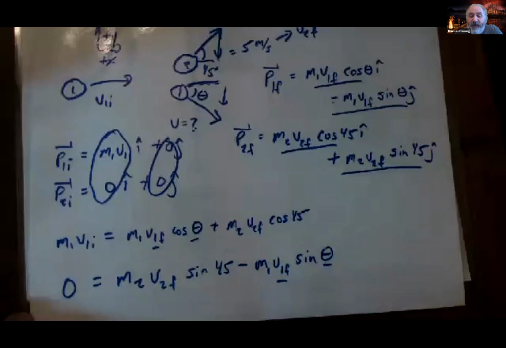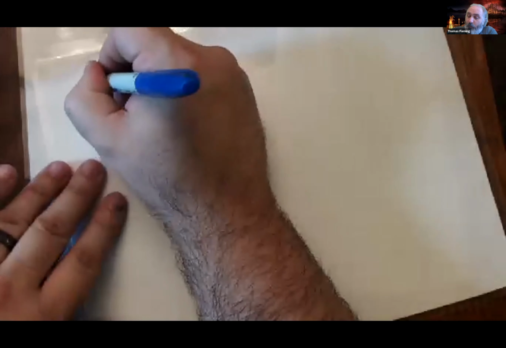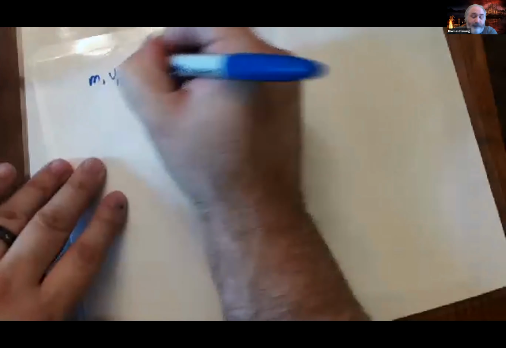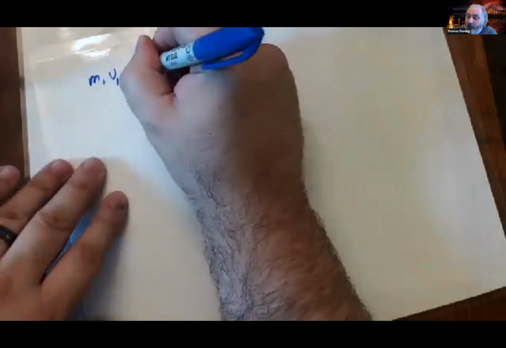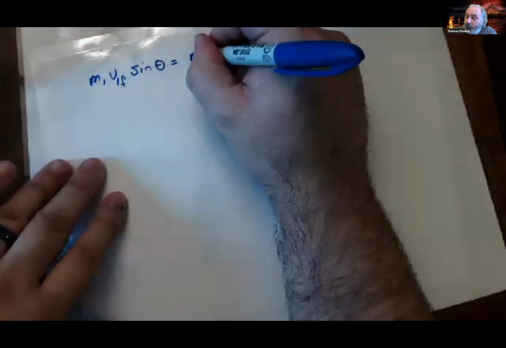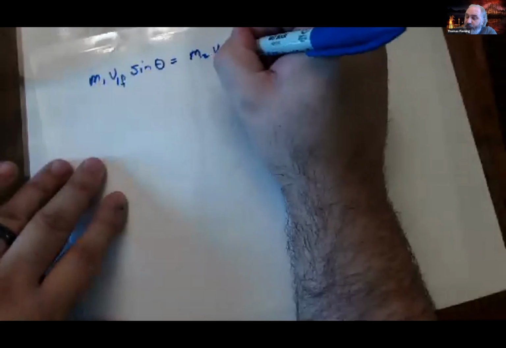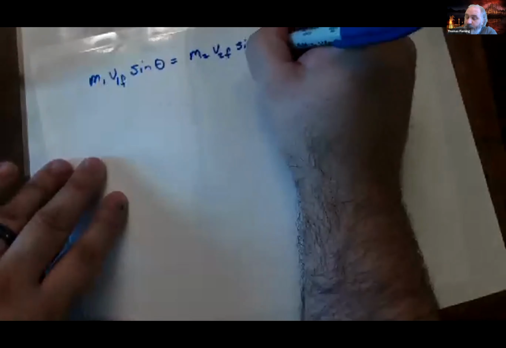Now, in order to do that, I'm going to do two things. First, since this is negative, I'm going to add this entire term to both sides. So this is going to move to the other side. So I'm going to have M1 V1 final times the sine of theta, and that's going to equal M2 times V2 final times the sine of 45.